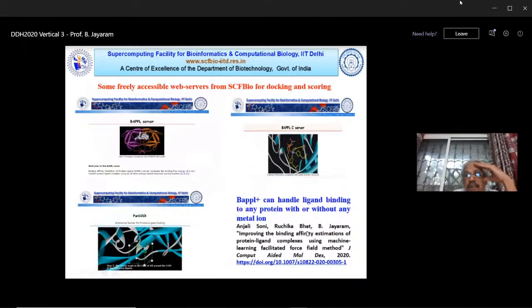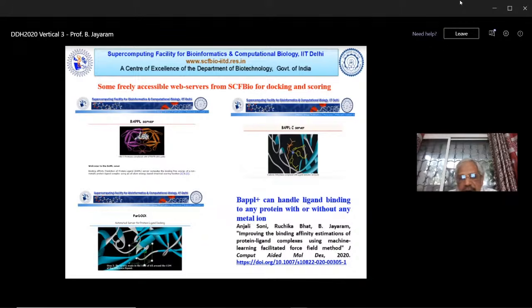And now BAPPL Plus is published very recently, just a couple of months ago. So what this does is take any metal ion, not restricted to zinc. And this incorporates, not to my taste, but to the excitement of my students, AI techniques.